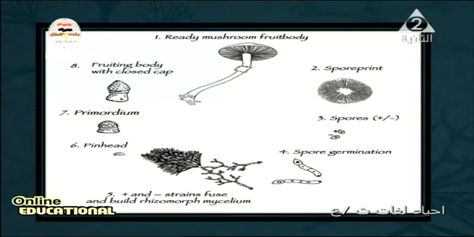You can see the spore print, positive and negative spores, spore germination, growth, and the fruiting body or primordium. After the spores fall on a suitable medium, the strains fuse and build the rhizophores and mycelium.